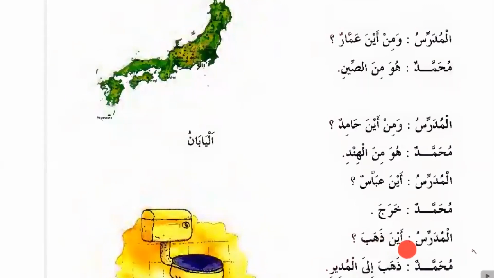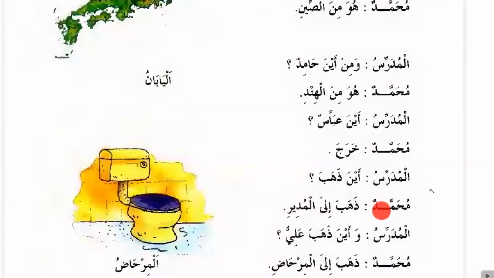So that's why he said, Aina Zahaba, where did he go? Even though the pronoun "he" is not here, the default form of a verb in Arabic comes with the third person pronoun, he.